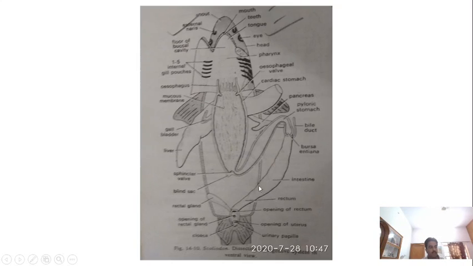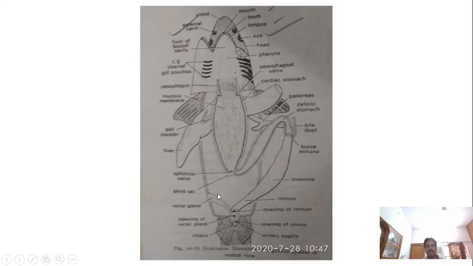Then there are rectal glands present in the digestive system of Scoliodon. These are highly vascular and composed of lymphoid tissue.